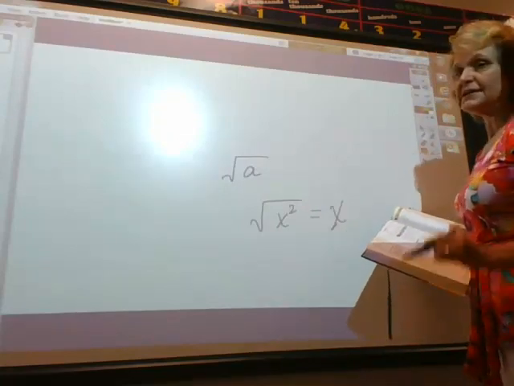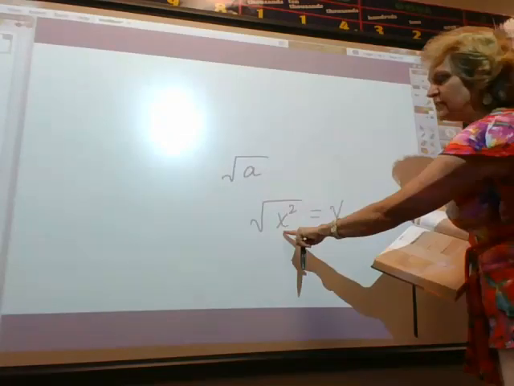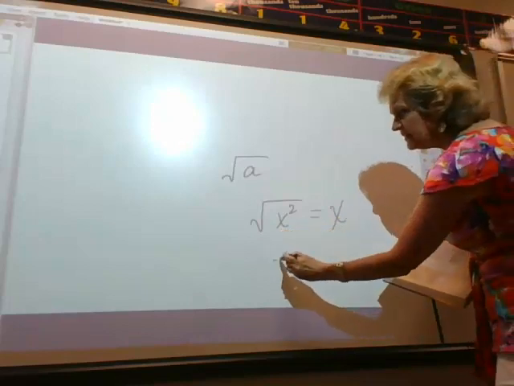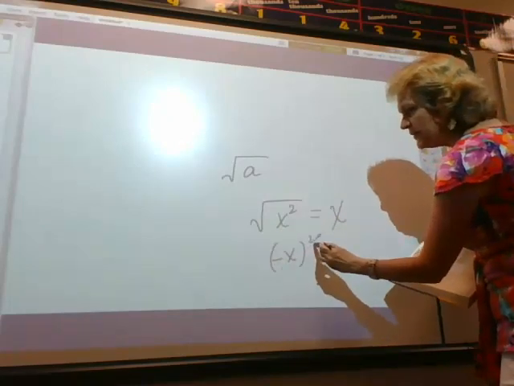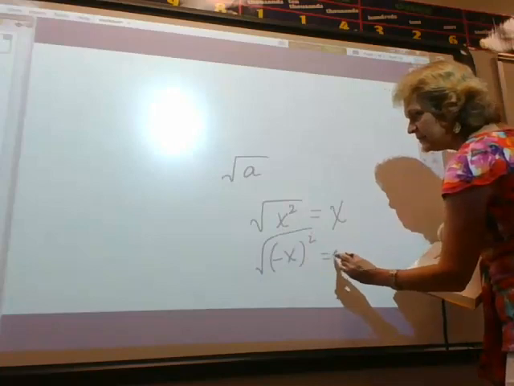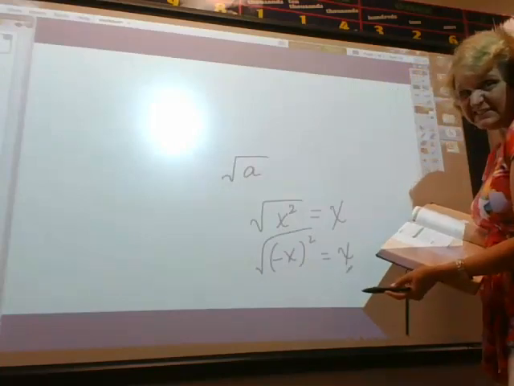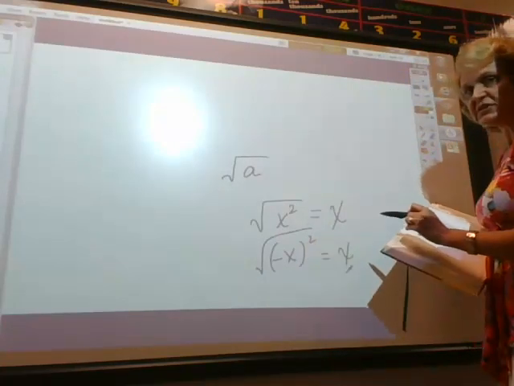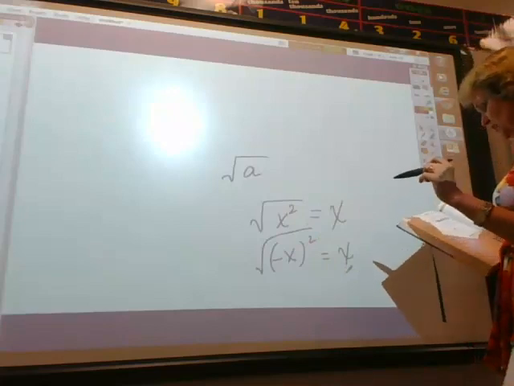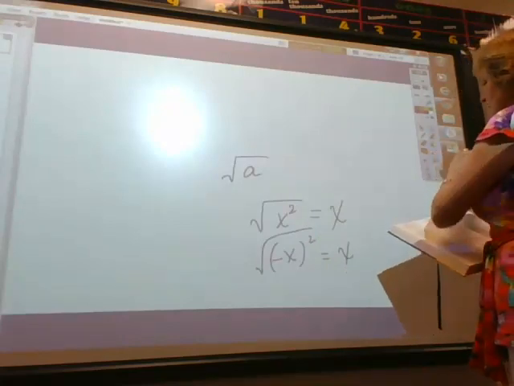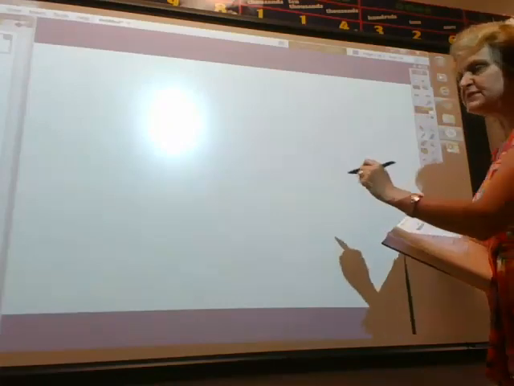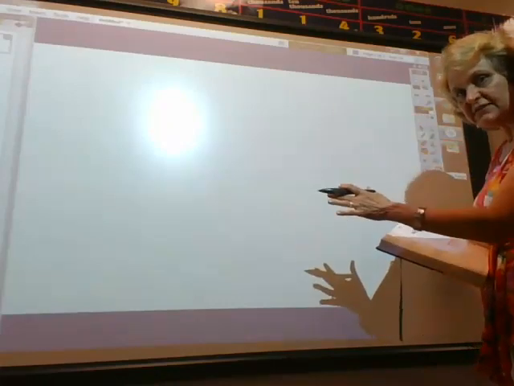Well, not necessarily, because I could have had a negative x under here, and it gets squared, and it would give me x, right? So it could have originally been a negative x. So what they're assuming is that you want to always have absolute value. You always want the positive answer.